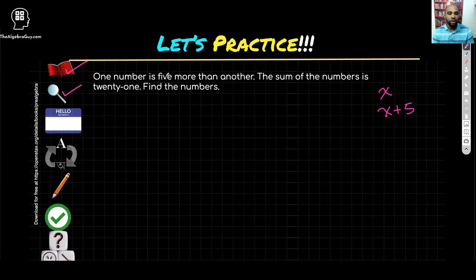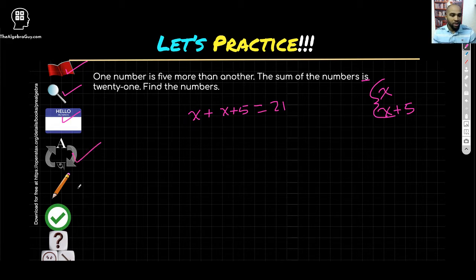The sum of the numbers is 21. The sum of these numbers, X and X plus 5, is 21. So I've identified the naming right here. I didn't say X and Y, I just made one X, the original, and the other X plus 5.